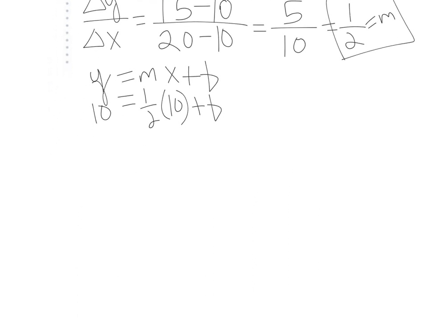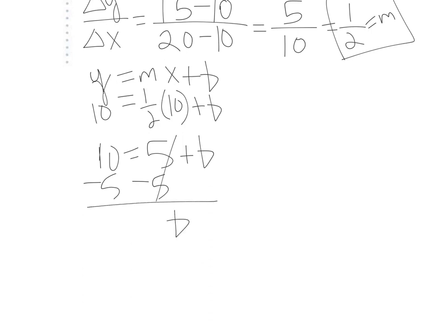Alright, so if we simplify this here, we've got half of 10 would be 5, and then subtract 5, good, would be 5. So we've got our slope, we've got our y-intercept.